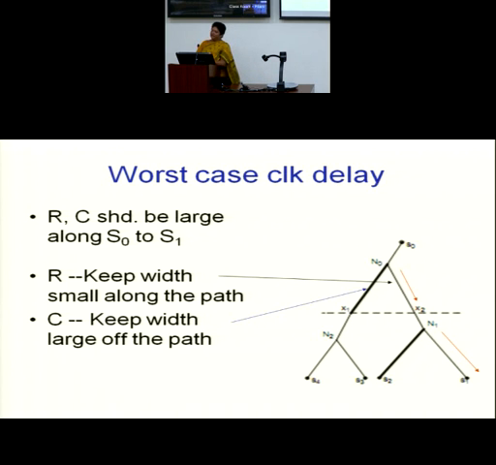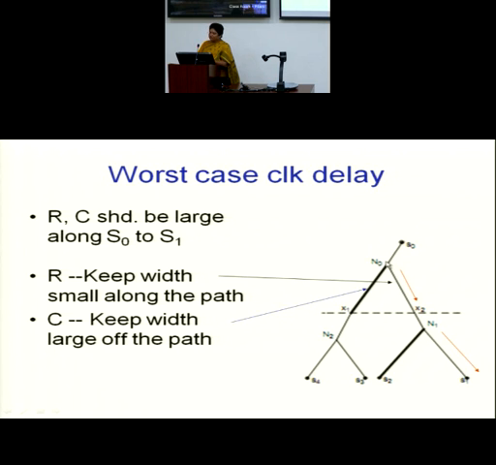Now the best delay means the resistance through this is minimum, and the capacitance at these nodes is minimum. This is one segment, and I may be putting a buffer here, this is the isoradius, and then the next segment. The load for this acts as the capacitance for the first segment.